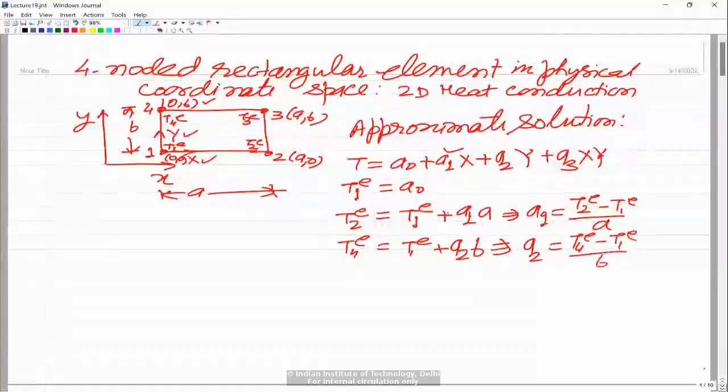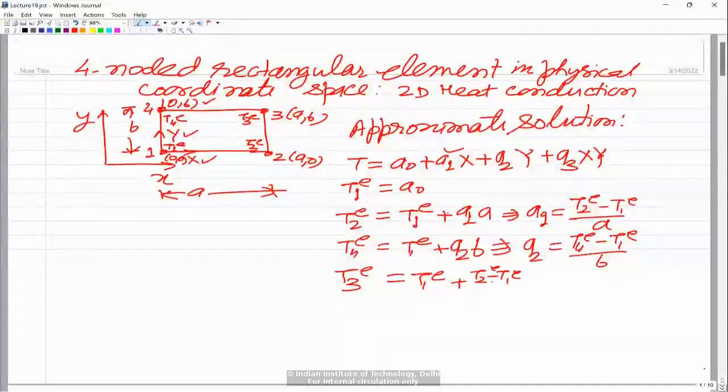Then if you look at node 3, T3e, at node 3 the x and y coordinates are a and b. So we have a0, which is T1e, plus a1 into x, and a1 is T2e minus T1e divided by a, into a, the x coordinate, plus a2 into y, and a2 is T4e minus T1e upon b, into b, plus a3 with x coordinate a and y coordinate b.